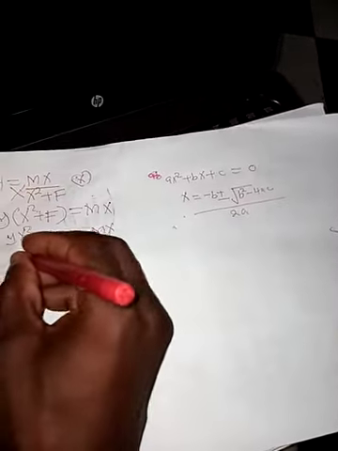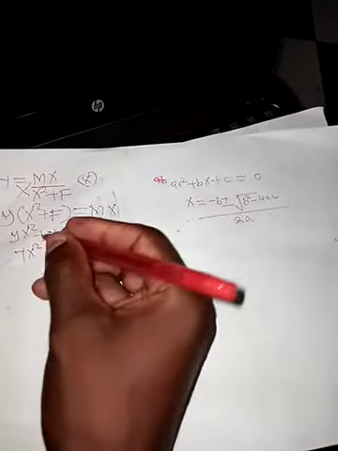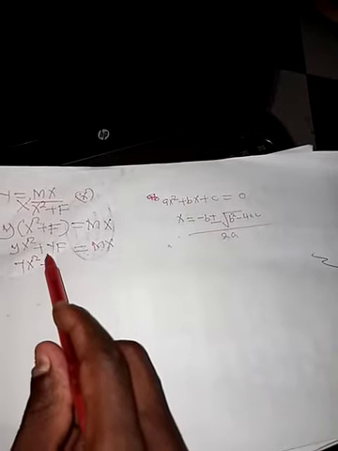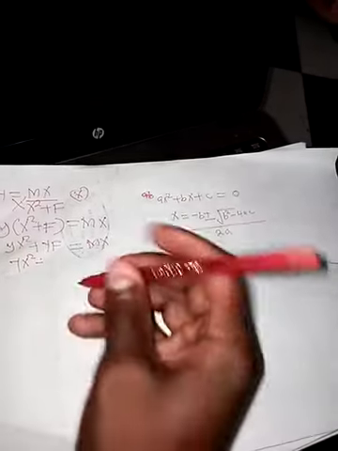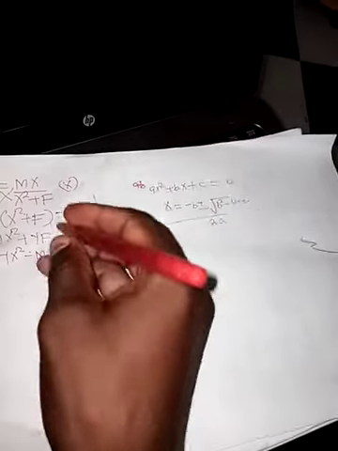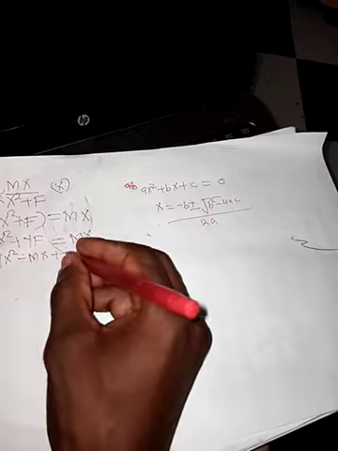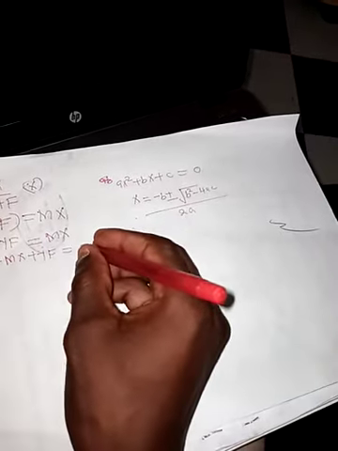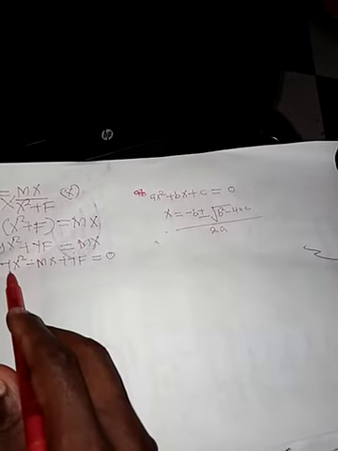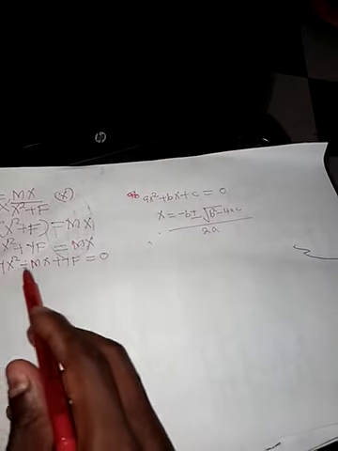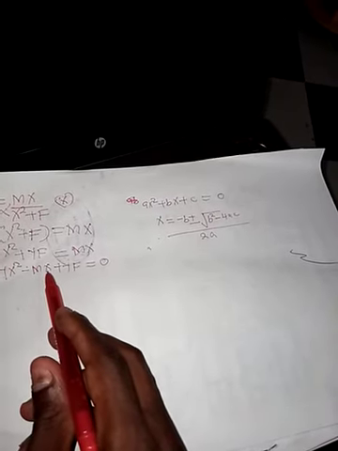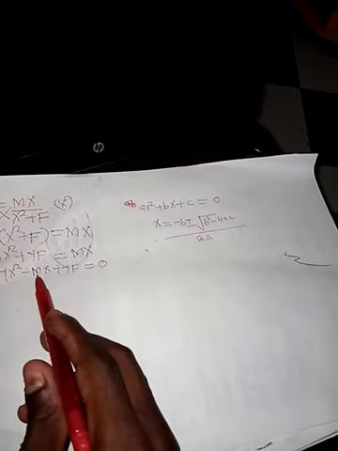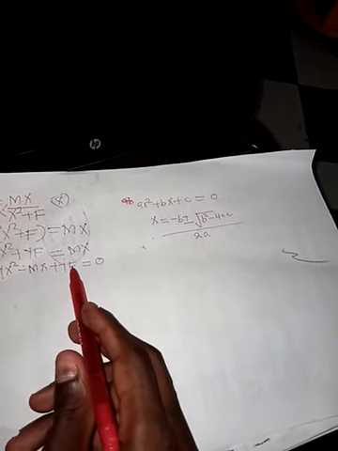We'll form yx squared, and when this one comes this side, it will be negative, that is negative mx plus yf is equal to 0. Check this one. The coefficient of x squared is y. The coefficient of x is negative m. And we also have yf.